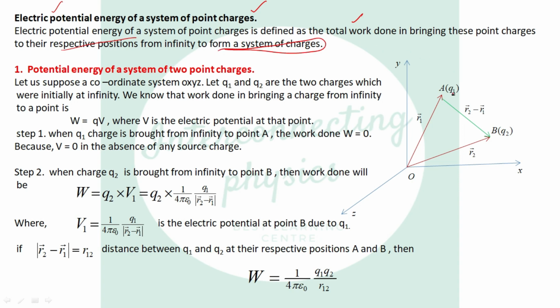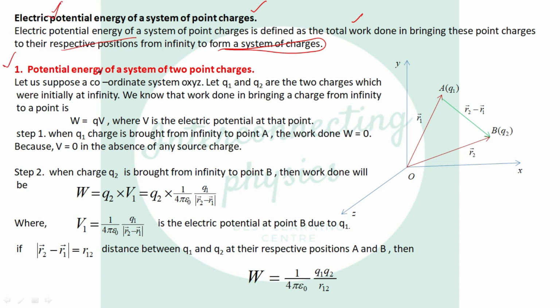Because if you want to form some configuration, some system of charge, then we have to bring the charges from infinity to their respective positions, and the work done in bringing these point charges from infinity to their positions is stored in the form of electric potential energy.